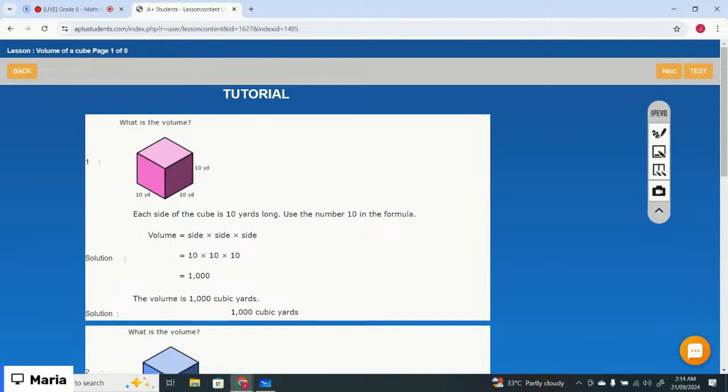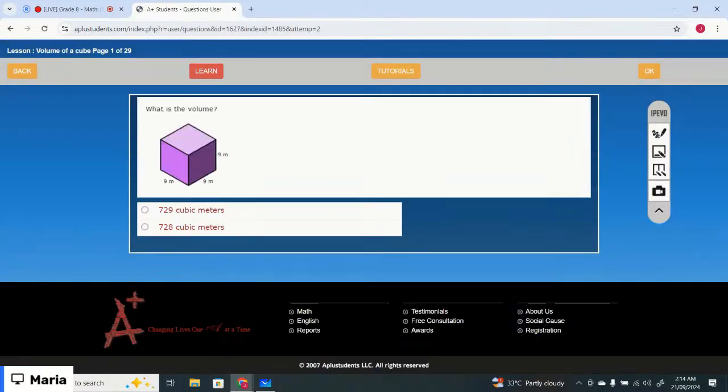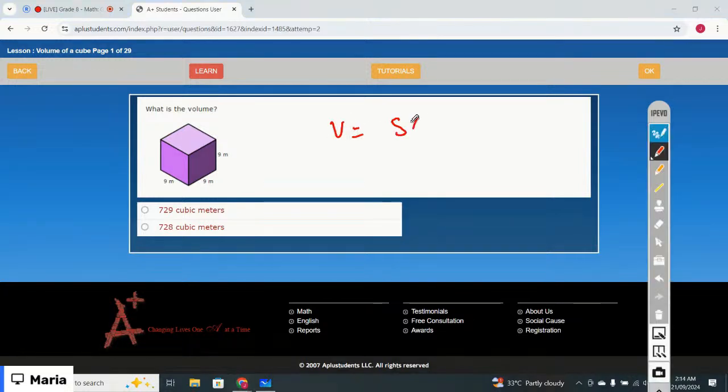Okay, let's start with the test questions. What is the volume? The volume of the cube is V equals side times side times side. 9 times 9 times 9 is the correct option. That is 729 cubic meters.